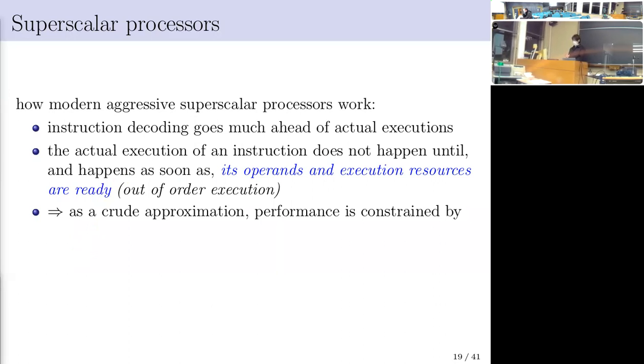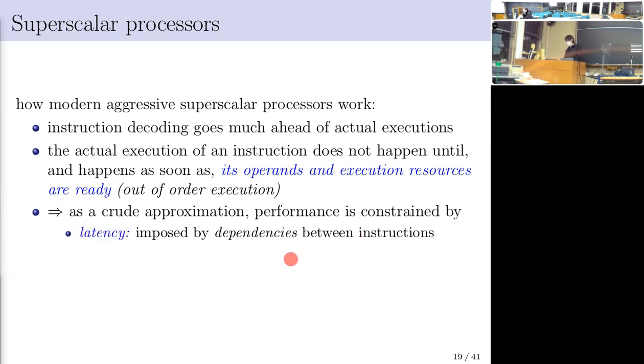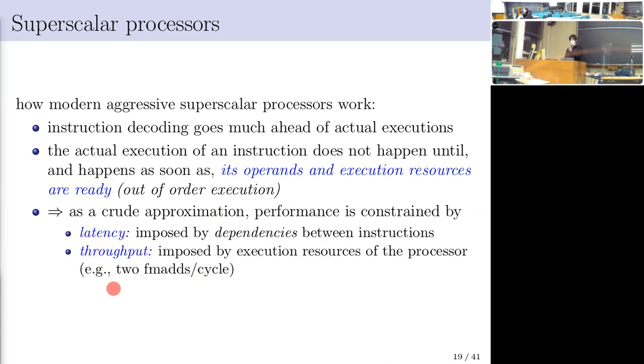So having this in mind, as a very crude, somewhat optimistic approximation, the performance is constrained only by the following two factors. One is latency, like we have already discussed. The latency is imposed by dependencies between instructions.